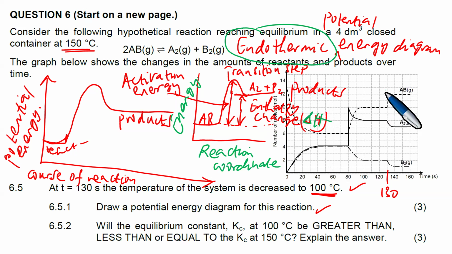And with exothermic, it would be the opposite, where the products will have less potential energy and the reactants will have a greater potential energy.